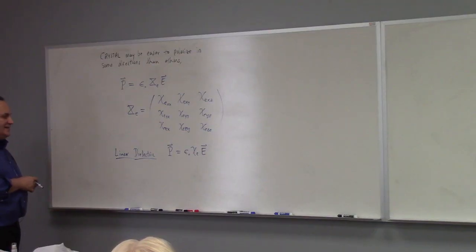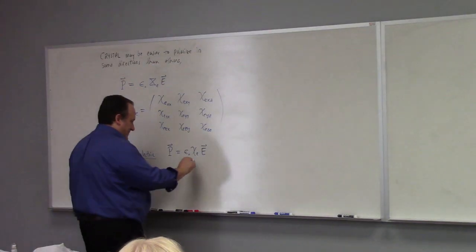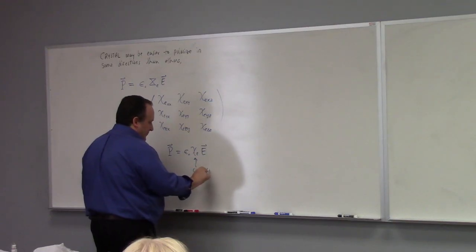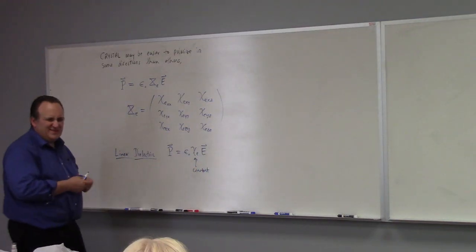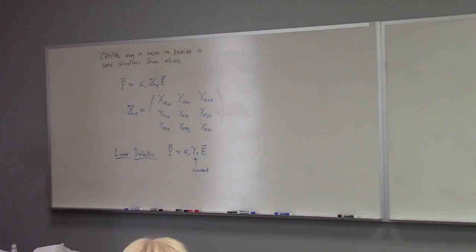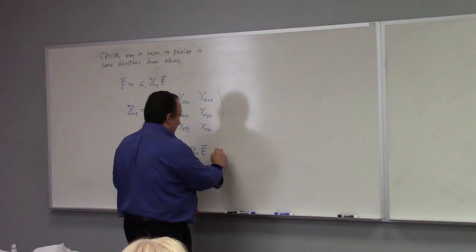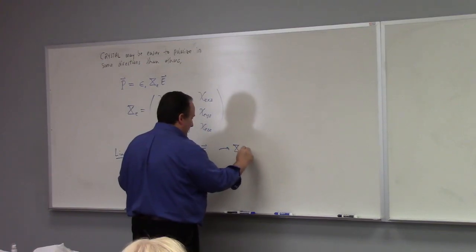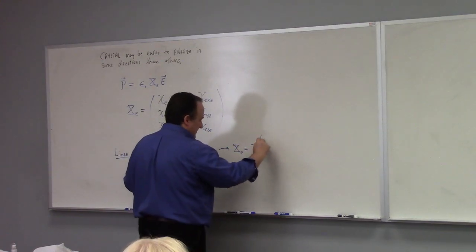That's constant, right? I guess it could in principle be a scalar function, maybe, but I think for the most part we're assuming it's a constant. So in this case, your susceptibility tensor, or matrix, if you will, is just chi E times the identity.